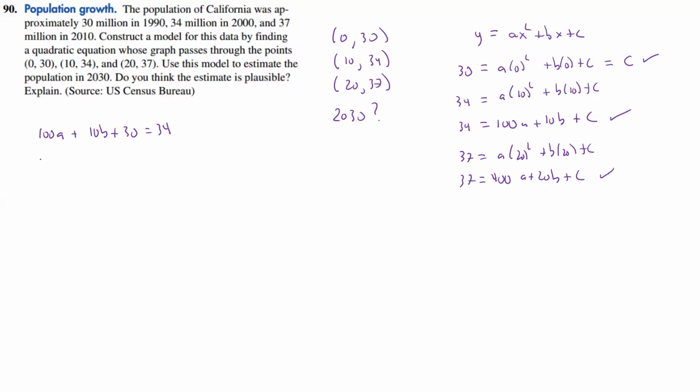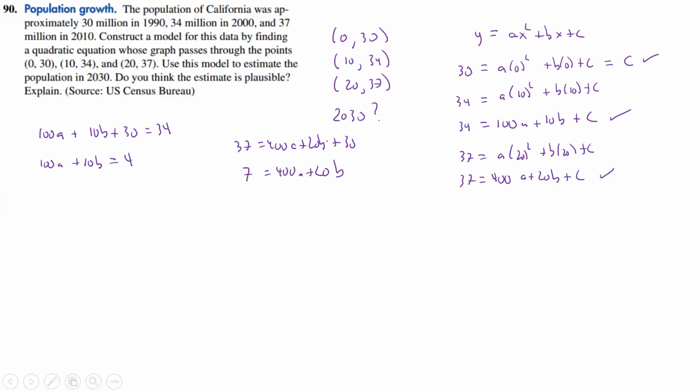And if we take that over, 100a plus 10b equals 4. Now, if we do the same thing for the other one, we have 37 equals 400a plus 20b plus 30. So we subtract that over. So it looks like 7 is equal to 400a plus 20b.